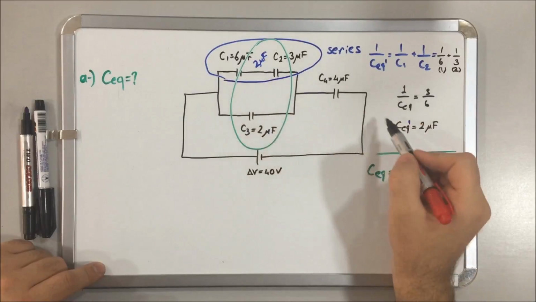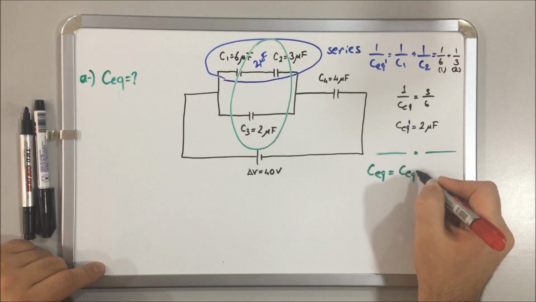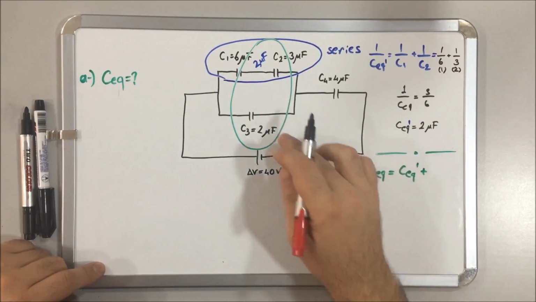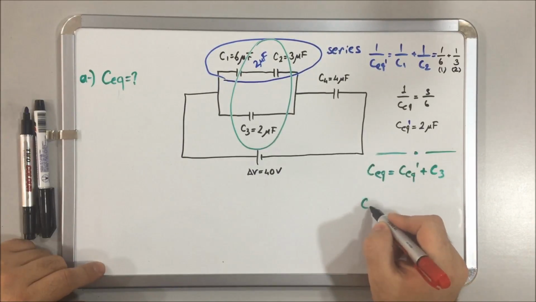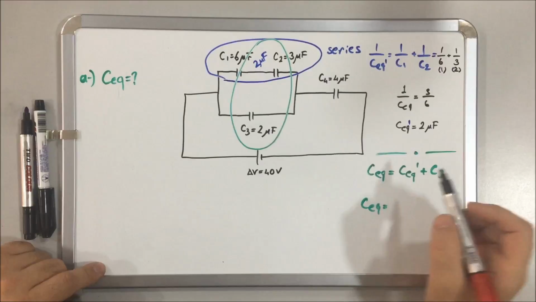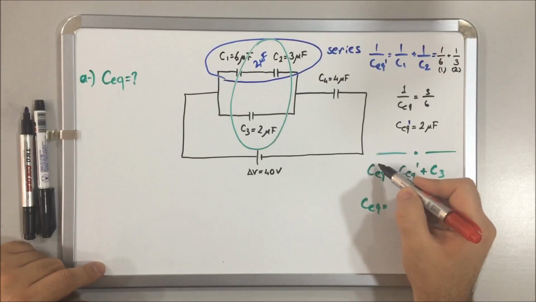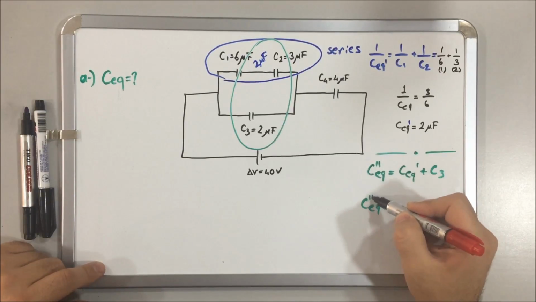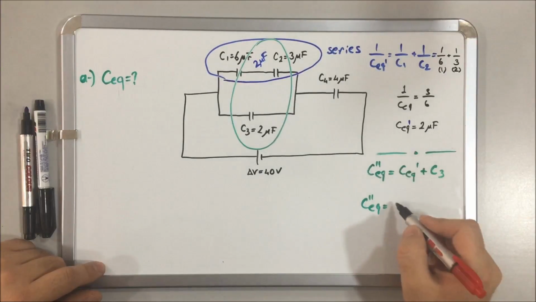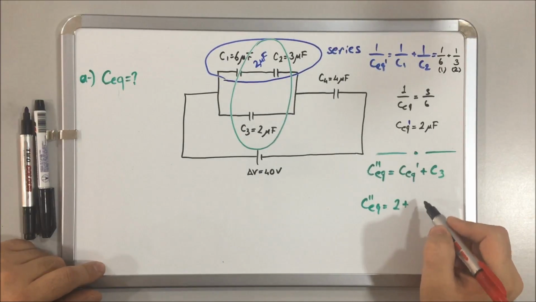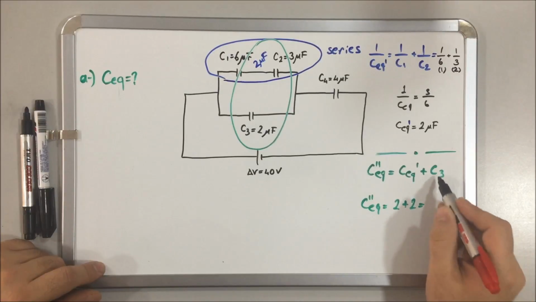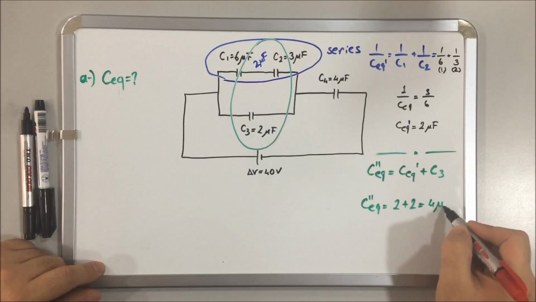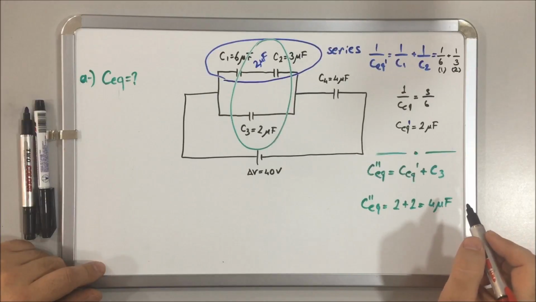Here there is no C1, there is C equivalence prime plus C3. So C equivalent, let's say this one also C equivalent double prime, will be 2 microfarad plus C3 2 microfarad. So it will be 4 microfarad.